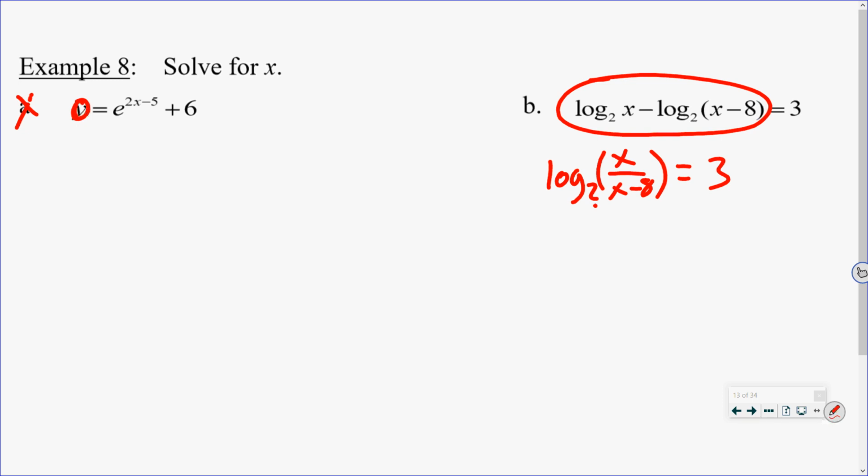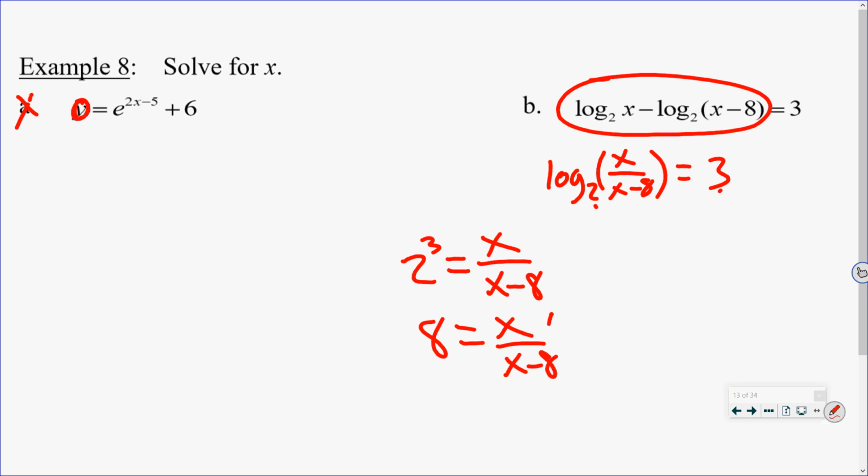I'm going to go 2 to the 3rd power has to equal what's on the inside, x over x minus 8. So now I have an equation that I can solve. I have 8 equals x over x minus 8.